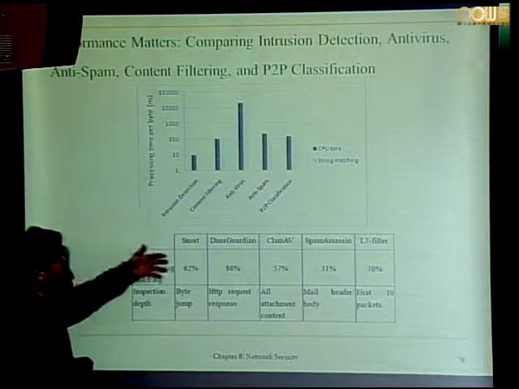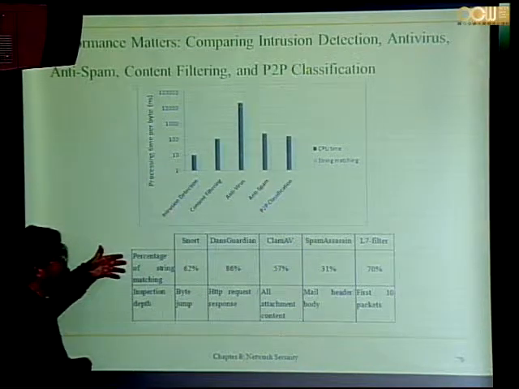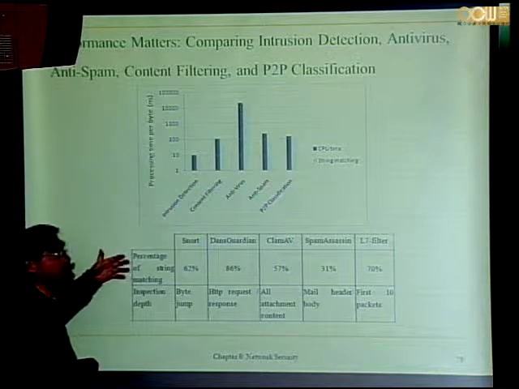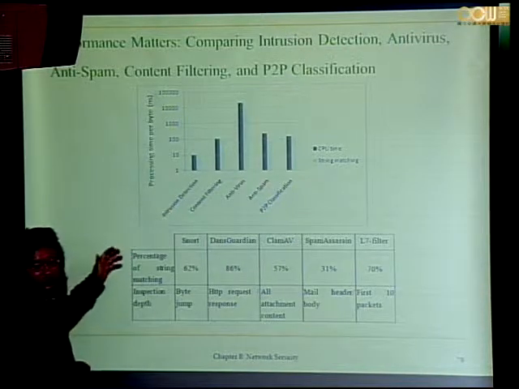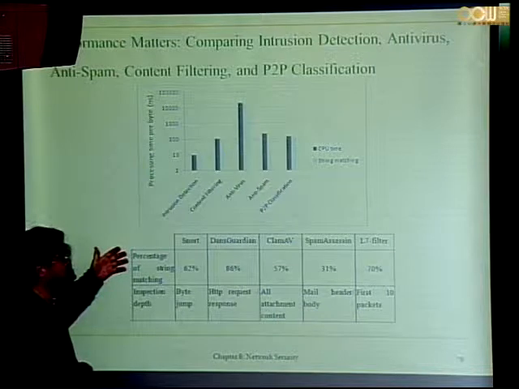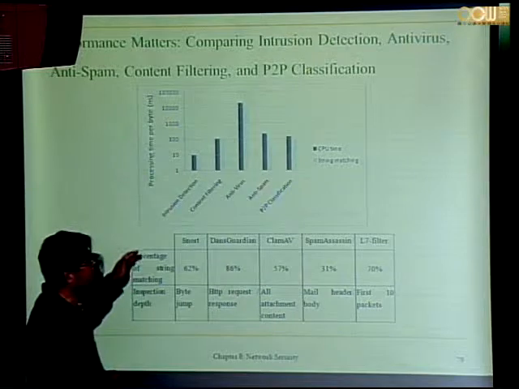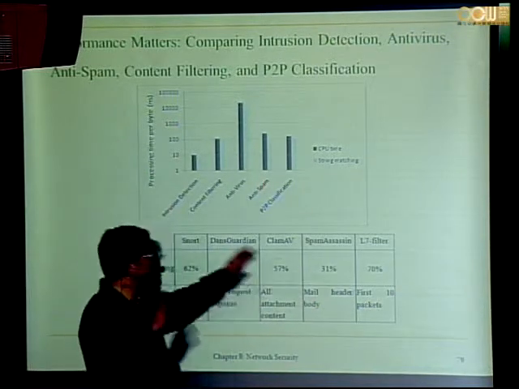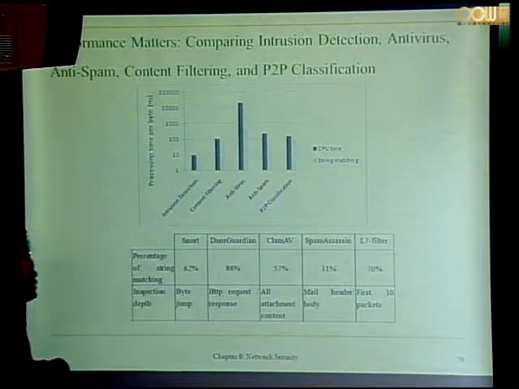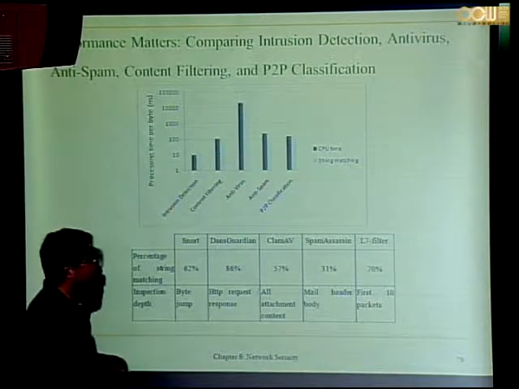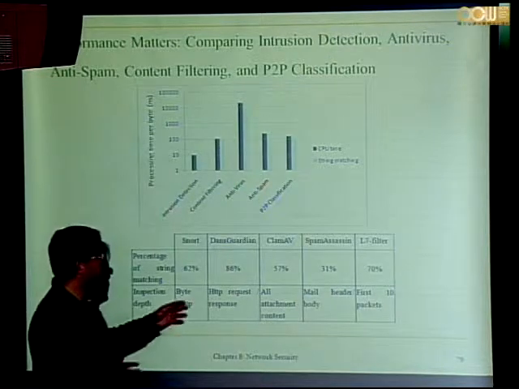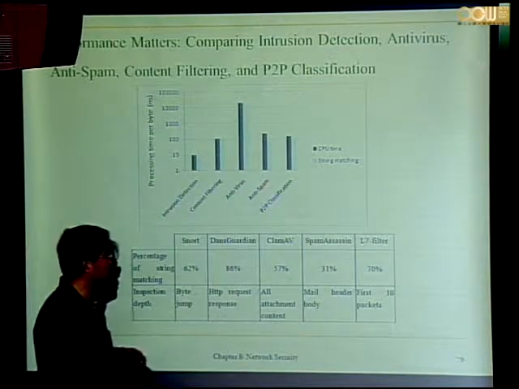Here it shows the percentage of time spent on string matching. As you can see, it's very high. Most of them are mostly over 60%, around 60% or above, except SpamAssassin. So they spend most of their time doing what? String matching. And where do they match? They match on header or payload.